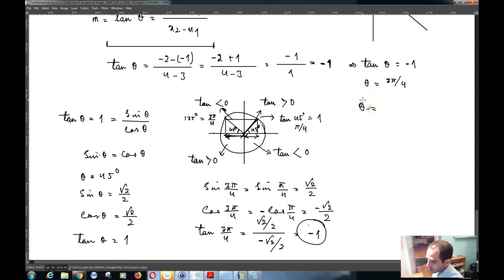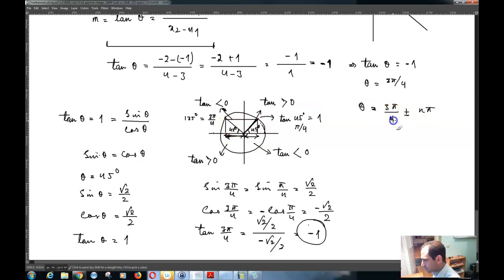Anyway, it doesn't matter, but as far as the solutions are concerned here, when tan of theta is equal to -1, you could say that this is called the principal solution, but the general solution would be basically 3 pi by 4 plus or minus n pi, because you would get the same tan value over here, and again another pi, and then again another pi, and so on and so forth in both directions.